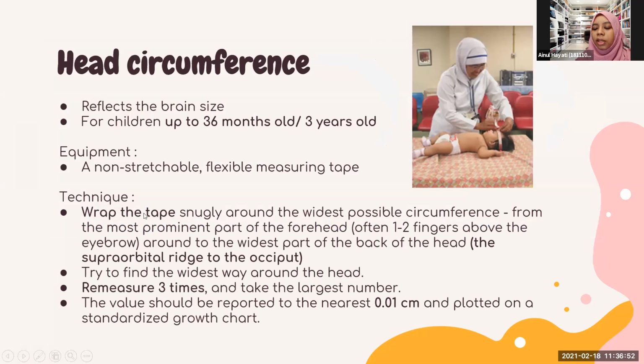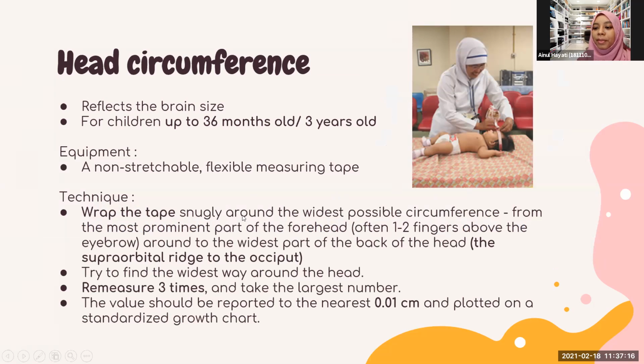So we wrap the tape around the widest possible circumference. This is for when the patient's head is abnormal in size. We should wrap the tape around the widest possible circumference, from the supraorbital ridge to the occiput, like what this nurse is doing.